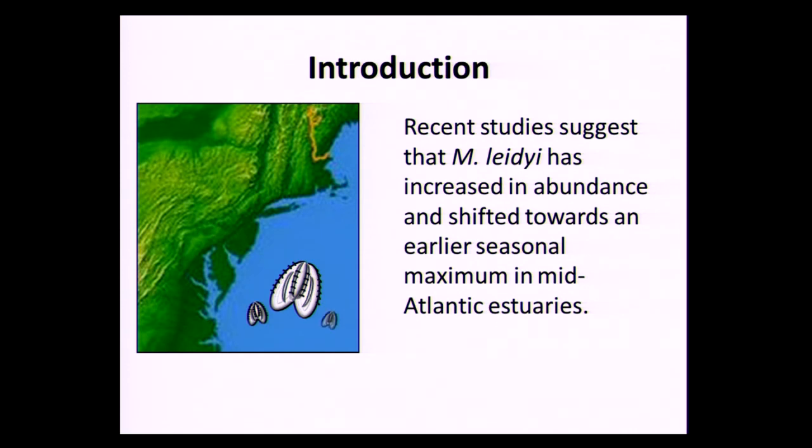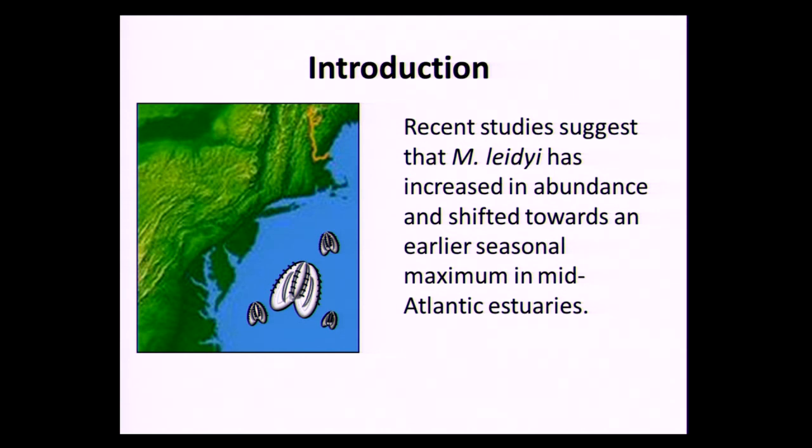Now, the reason I got involved in this is that very few people were studying ctenophores on Long Island. In fact, prior to my master's work, the last person studying them in Great South Bay did work in '85 and '86, and the last person for the Peconic was, I believe, '78 and '79. And what I found, and this agreed with other areas, is that this species is in fact increasing in abundance, and not only that, it's also appearing earlier.